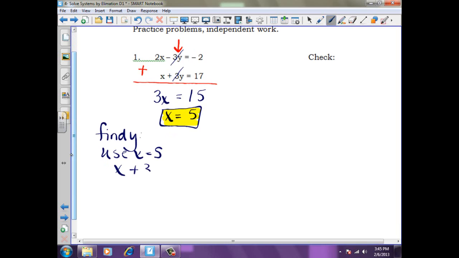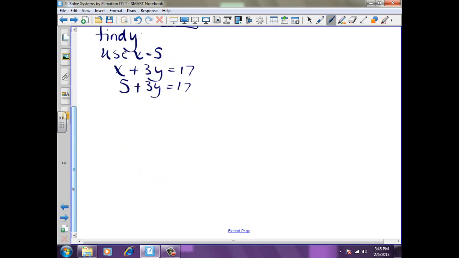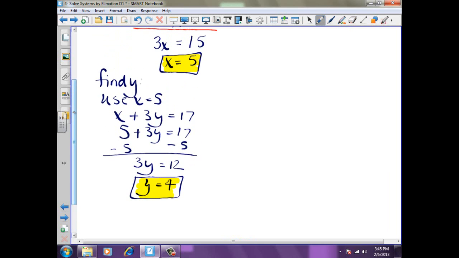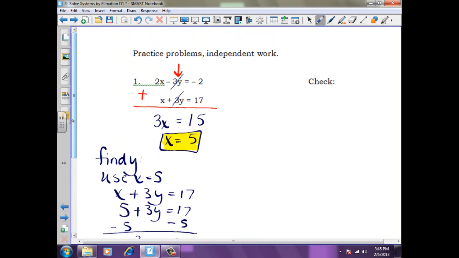Write the original equation. Solving for y. And I'm going to check my point. Now again, if we were graphing these lines, that would be the point of intersection. So my point is 5, 4.